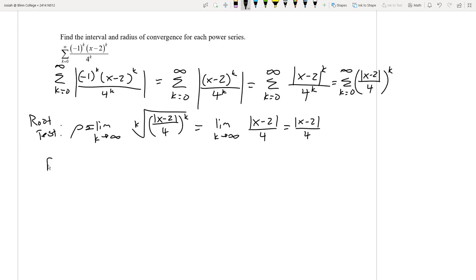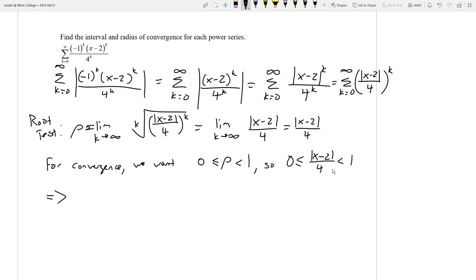So we have to remember, for convergence, we want 0 less than or equal to rho, less than 1. So we want 0 less than or equal to absolute value of x minus 2 over 4 less than 1. So what we'll go ahead and do is multiply all three sides here by 4. 0 less than or equal to x minus 2 in the absolute value less than 4.